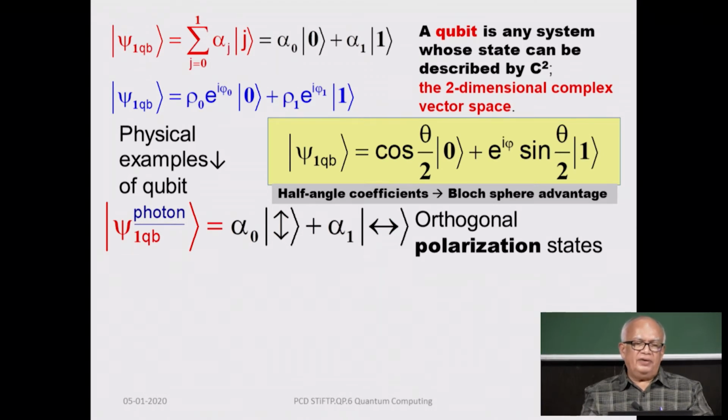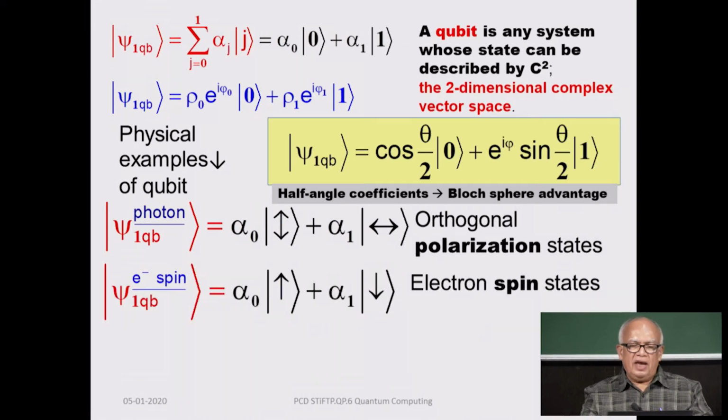So, you can have a photon qubit, you can have an electron spin qubit, which is again a two state system, the spin up and spin down, because the electron is a half integer Fermi particle, and therefore, with reference to the axis of quantization, it can be either up or down, and you can use it as a qubit.